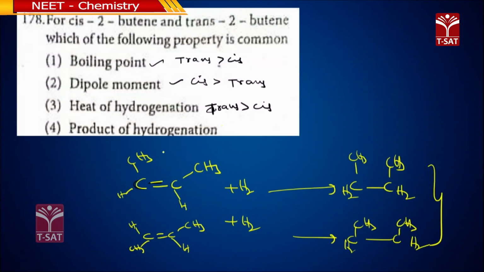So the product of hydrogenation is the same for both cis and trans, but all the remaining properties are different.